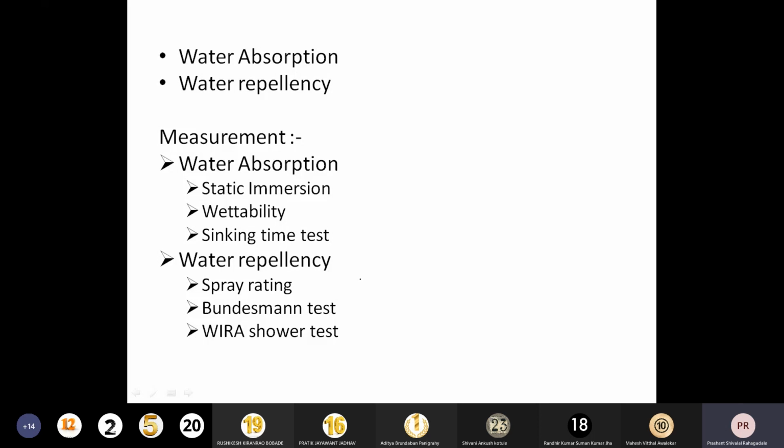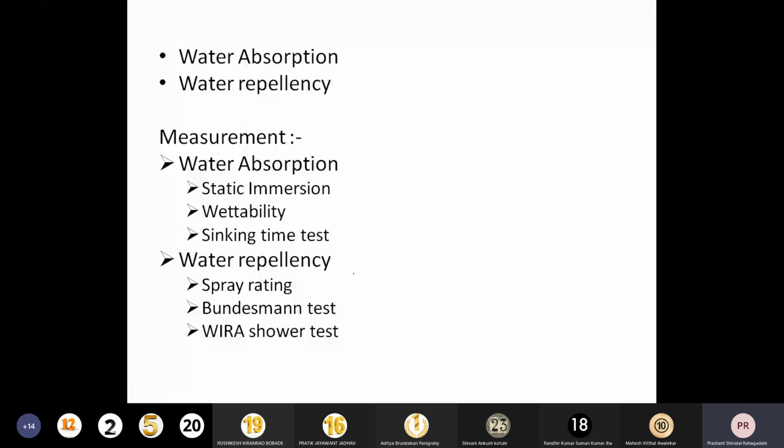Now these tests are related to water absorption. एक तो क्लियर हो गया कि वाटर एब्जॉर्प्शन क्या है. वाटर एब्जॉर्प्शन में दो चीजें हो सकती है, कैलकुलेट करने के लिए हो सकती है. ठीक है, एक कितना अमाउंट पानी उसने पकड़ा और उसका स्पीड क्या है, ये दो चीजें वहां पे हो सकती है. So when we speak about the static और वाटर रिपेलेंसी भी इज देयर. वाटर रिपेलेंसी में हम देखेंगे स्प्रे रेटिंग, Boltzmann टेस्ट और मीरा शावर टेस्ट दैट वी कैन आल्सो स्टडी.